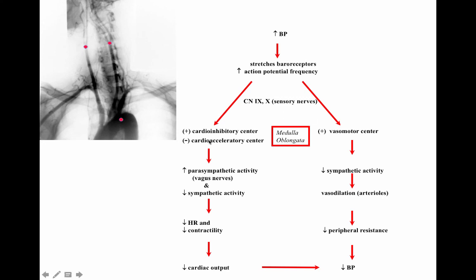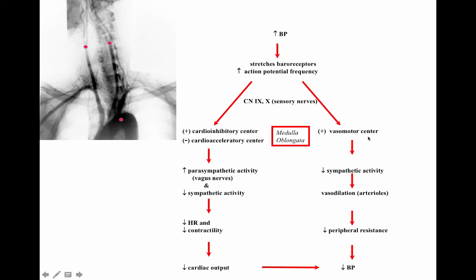Here then, if we follow this path, we see the parasympathetic activity of the vagus nerves is increased and the sympathetic activity is decreased, which in turn reduces heart rate and contractility and reduces cardiac output, which reduces blood pressure.